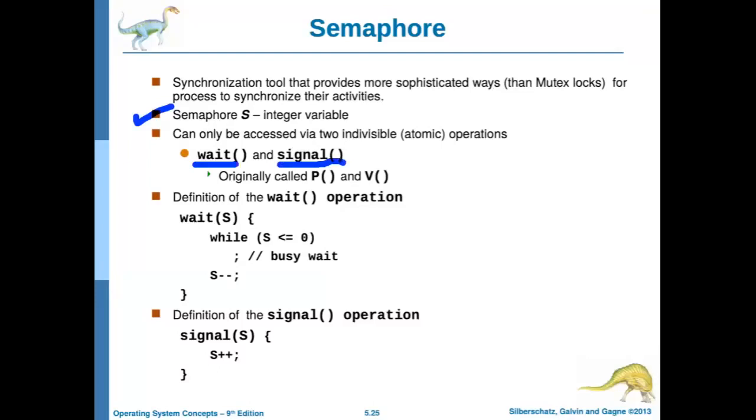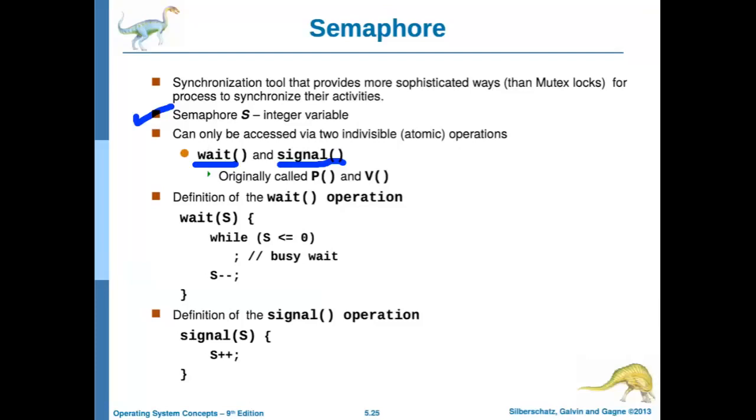The mathematician Dijkstra originally called wait and signal P and V. Logically it doesn't matter whether you call it P and V, acquire and release, wait and signal, or lock and unlock. But whenever you take an exam like GATE, you will come across the operations P and V. Wait on semaphore variable S is written as: while S is less than or equal to 0, busy wait; otherwise the value of S will be decremented.